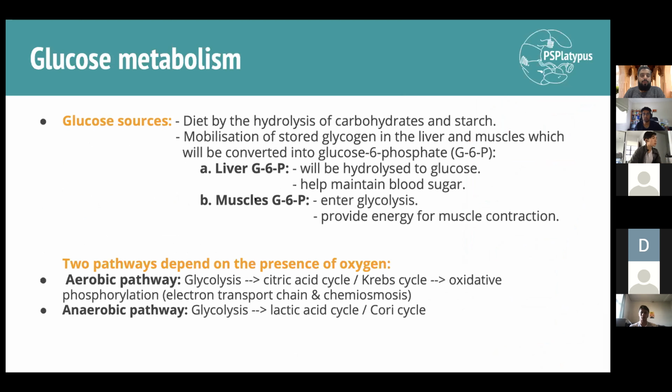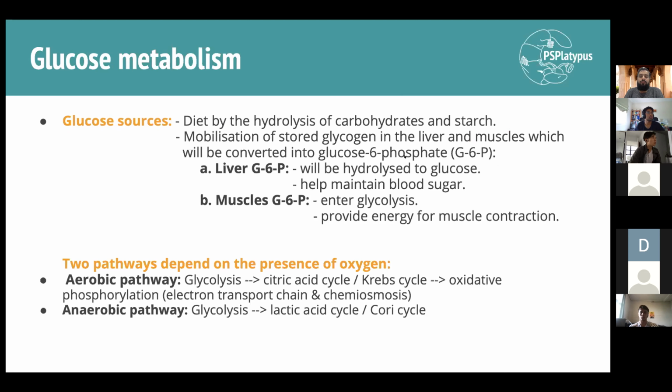So we will talk first about glucose metabolism. There are two main sources of glucose. The first source is through our diet, and the second source is the glycogen that is available in the liver and muscles, which needs to be converted into glucose 6-phosphate.